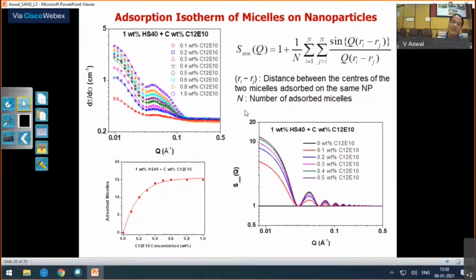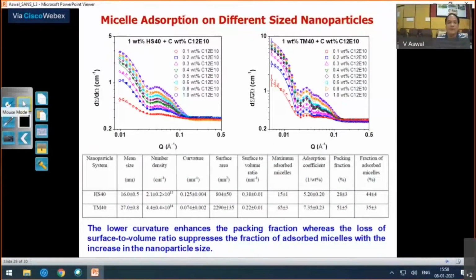If one micelle is already on the particle, other micelles cannot come. So what matters now is the diameter of the micelle and the diameter of the nanoparticle. This is for when you compare two different sizes of nanoparticles.